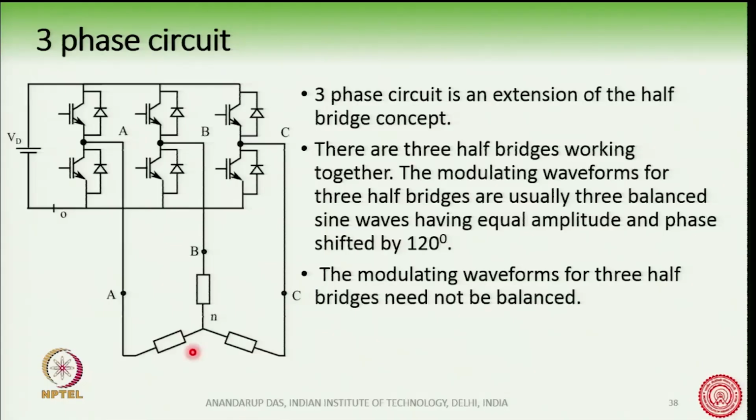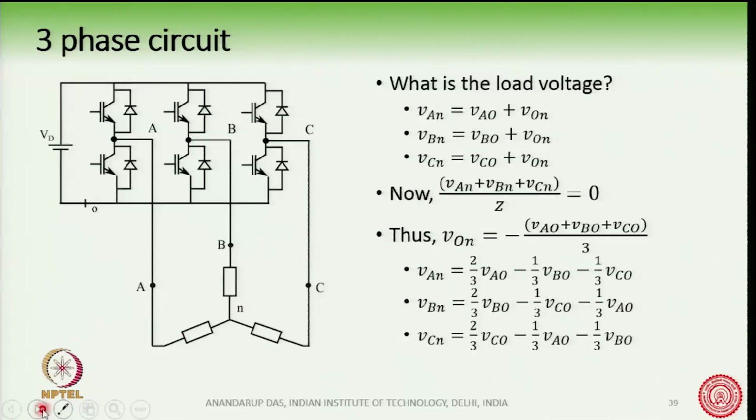Now, we have a star connected load here, where we are placing equal impedances. If we have such a circuit, then we would like to know what is the voltage across the load, because that is what we are interested to find out.